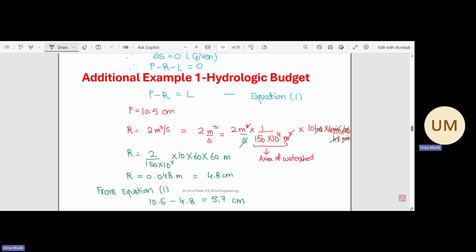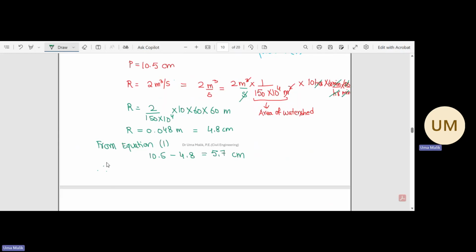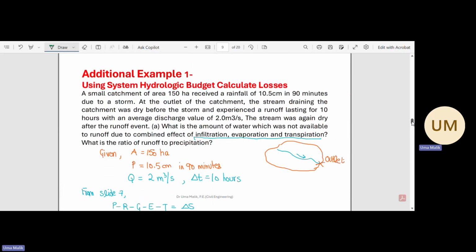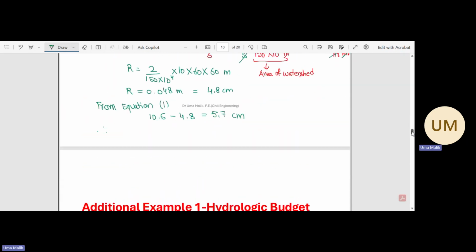Therefore, I can write that the amount of water not available to evaporation, infiltration, and transpiration is equal to 5.7 centimeter.